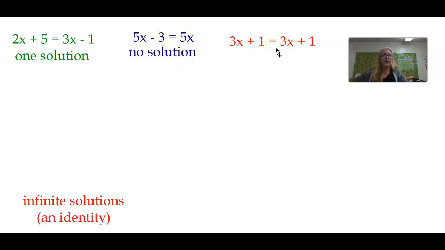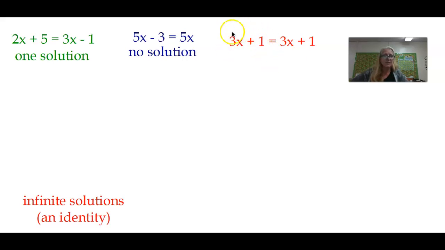What about this equation? What would work for x? What about 1? If I made x 1, would it work? Would it be equal on both sides? This would be 3 times 1 is 3 plus 1 is 4. This would be 3 times 1 is 3 plus 1 is 4. 4 equals 4. Okay, 1 worked. How about 2? Would 2 work? What about 3? What about 427? It doesn't matter what number I pick for x.